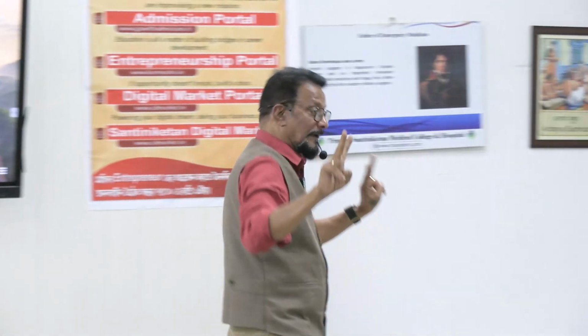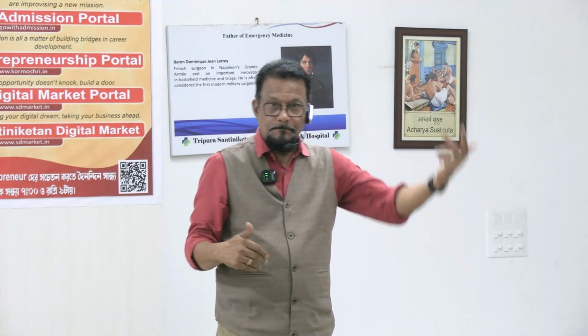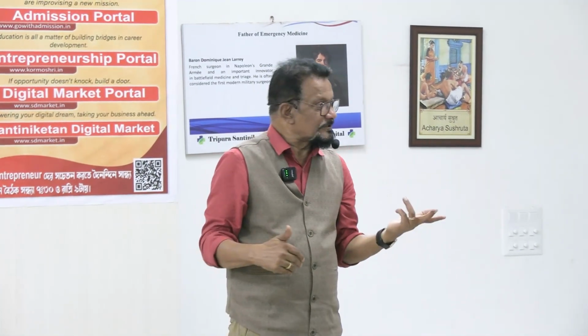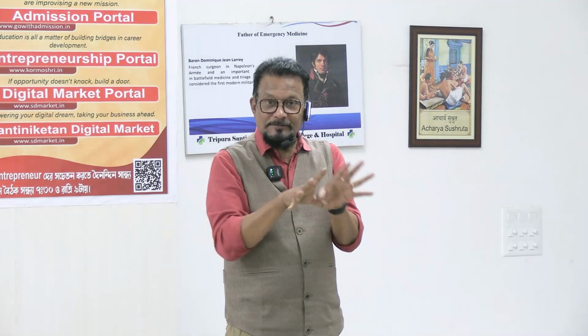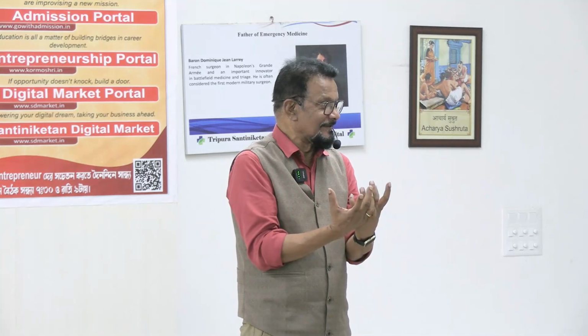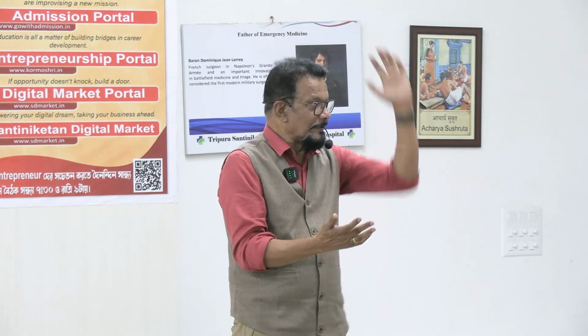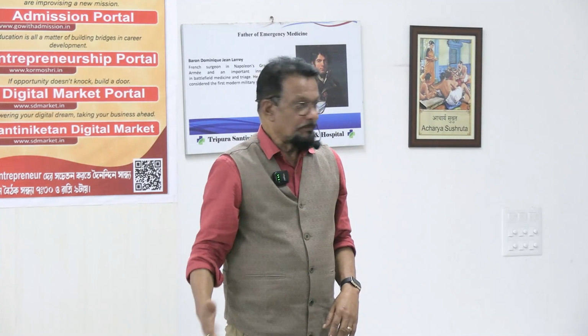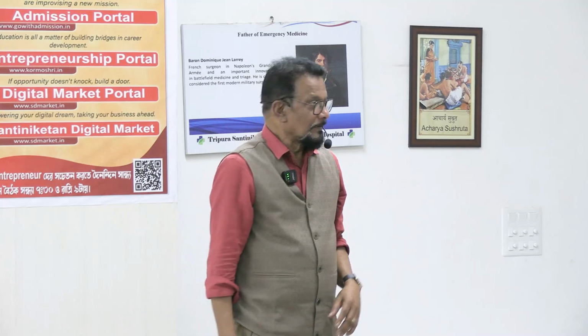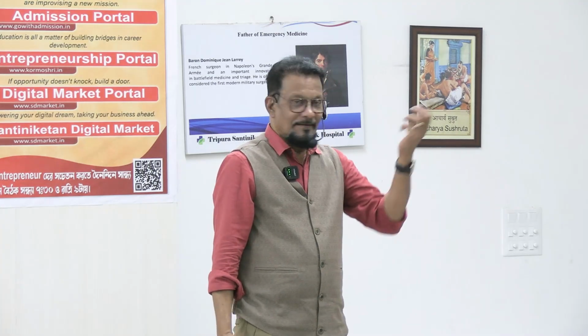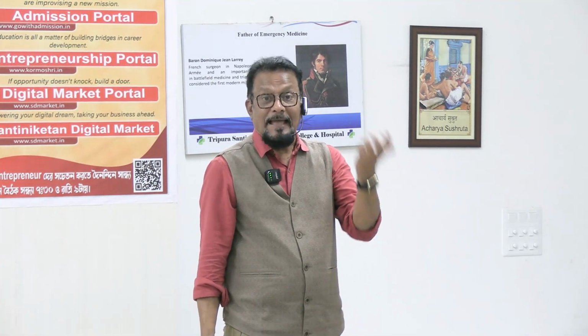Always remember, there are two types of controlling mechanism. One is your nervous system. It has two parts, sympathetic and parasympathetic. Both are balancing, maintaining homeostasis. One is anabolic, another is catabolic. Sympathetic is catabolic and parasympathetic is anabolic.